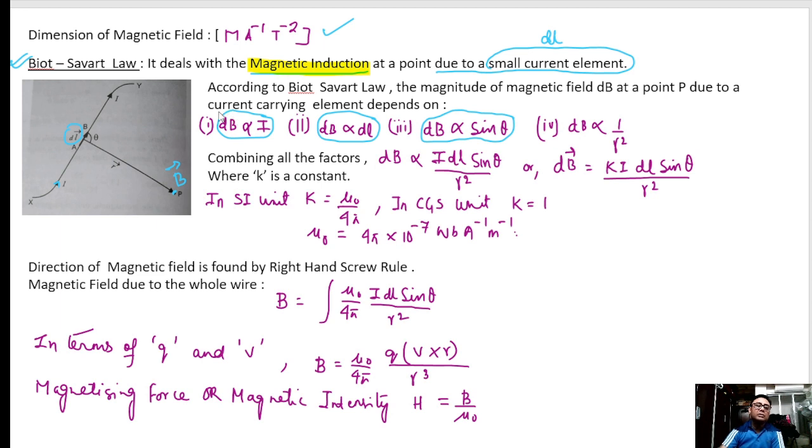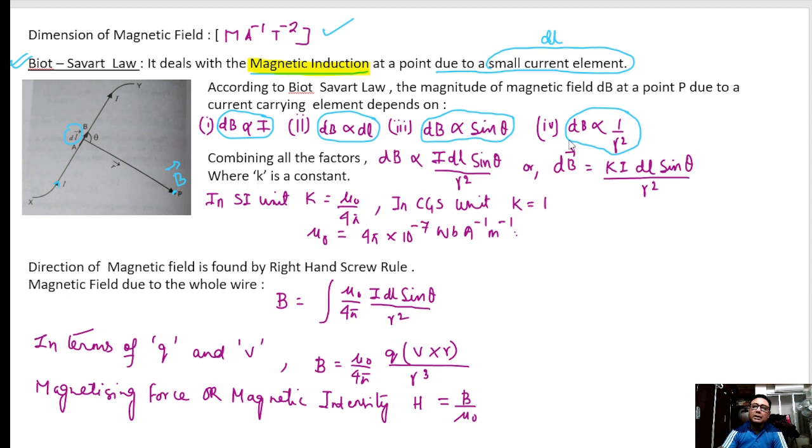So magnetic field also depends on the sine of the angle between the wire and the displacement vector r. And magnetic field is also inversely proportional to the square of the distance r. Combining all of these, we get I dl sin theta by r square.